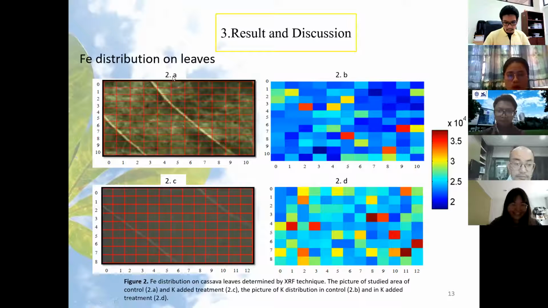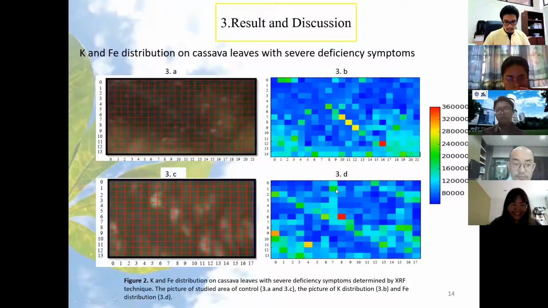Compare 2A and 2B with 2C and 2D. Sorry, this is figure 3.